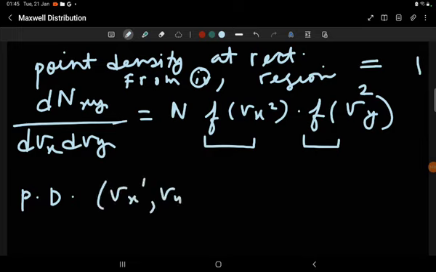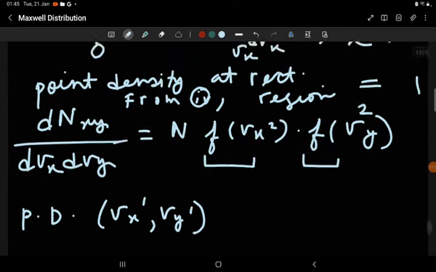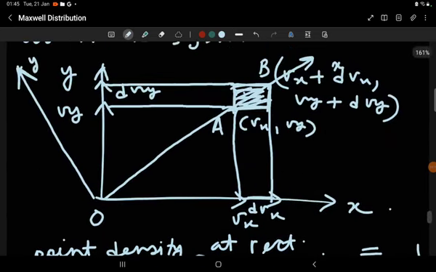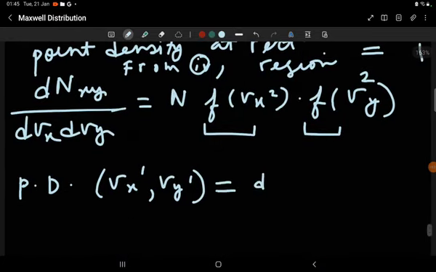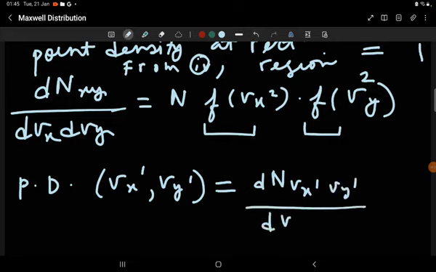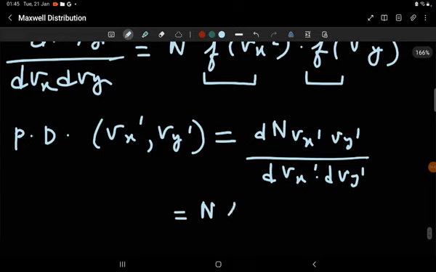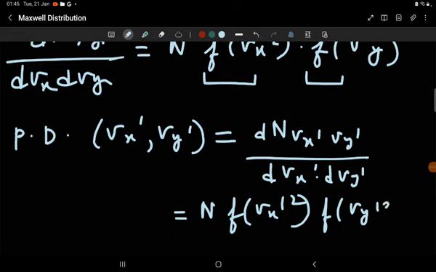We define the point density, let's call it PD, at vx dash comma vy dash. This vx dash comma vy dash is nothing but the velocities in the x and y direction in the new coordinate system, the y dash x dash coordinate system, right? So we define it as dn(vx dash, vy dash) by dvx dash dvy dash, equal to n times f(vx dash squared) into f(vy dash squared).